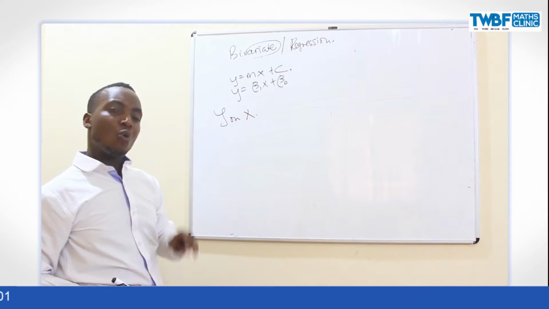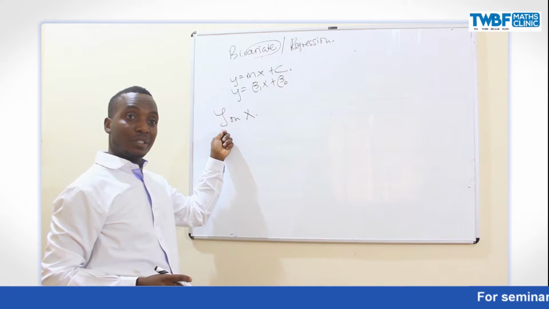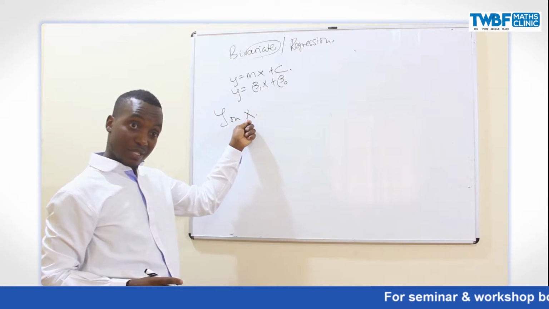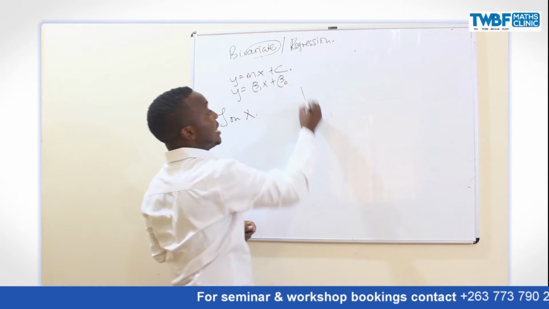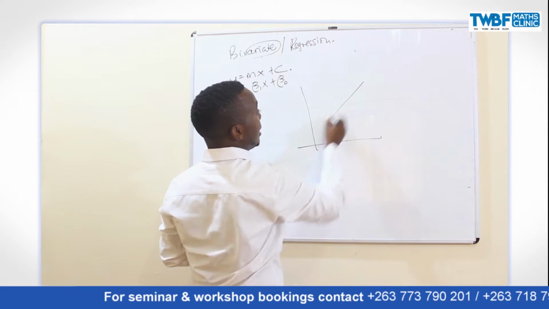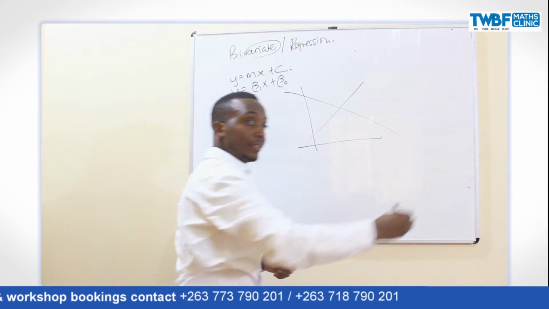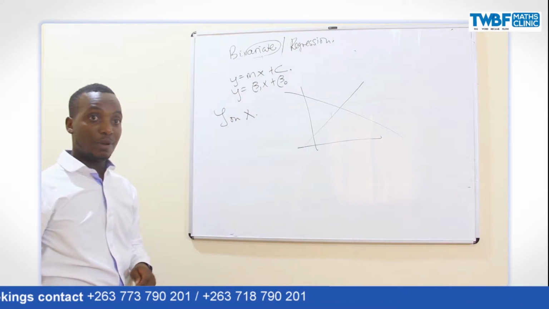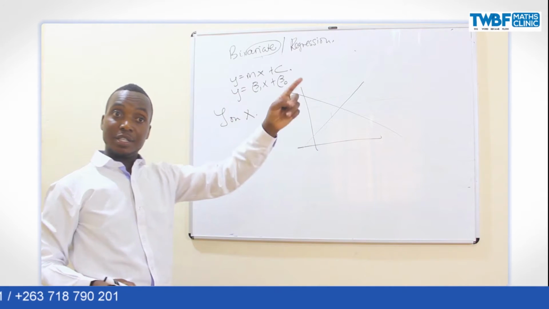When we are saying y on x, it means we are using x to determine the value of y. In other words, x on y is like the reverse. It's one and the same thing, but what varies is the direction.